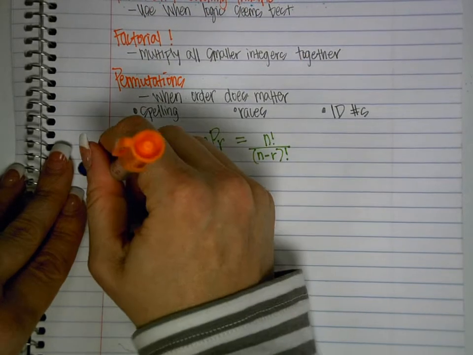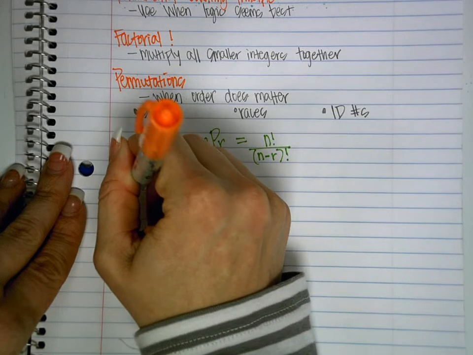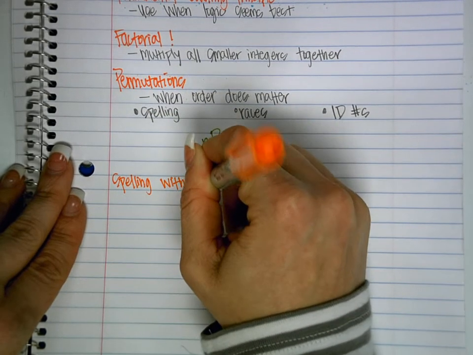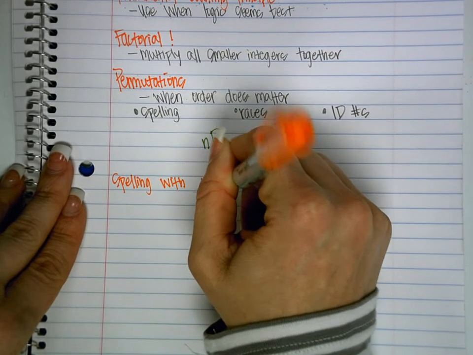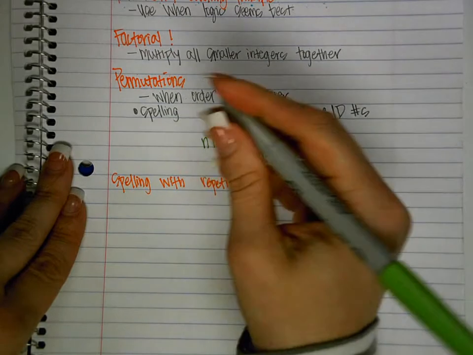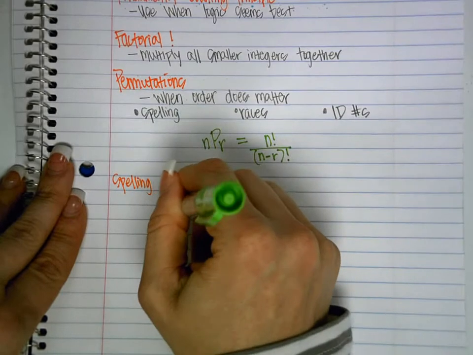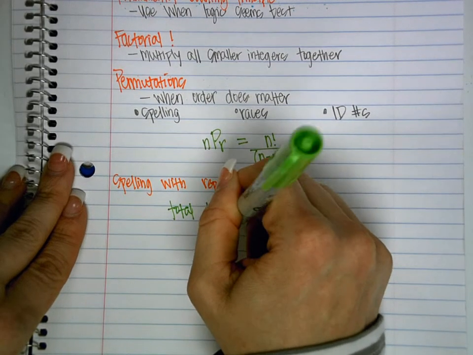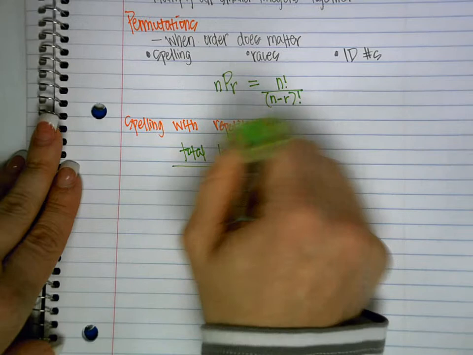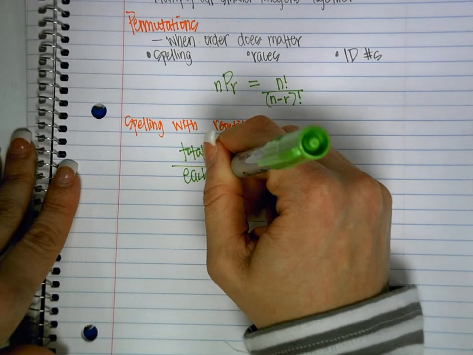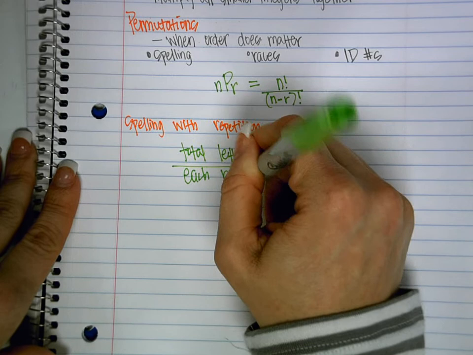Next thing we went over was spelling with repetition. When you do spelling with repetition, you need to take the total number of letters factorial, divided by each repeat factorial.